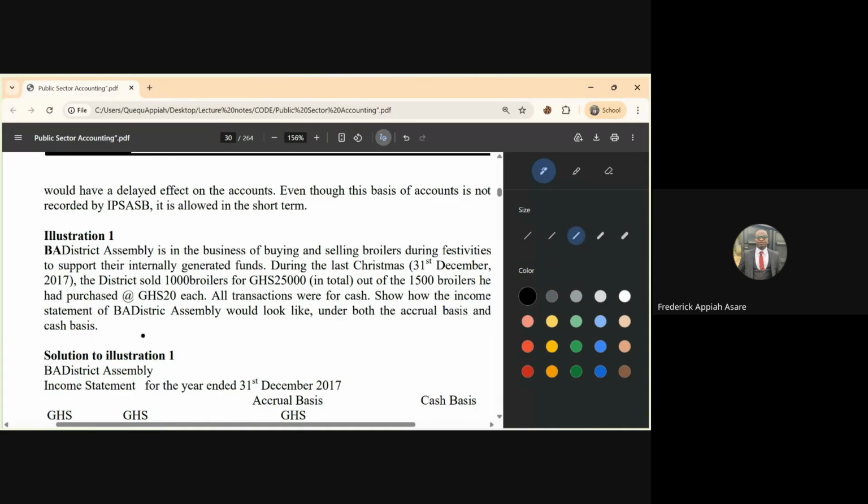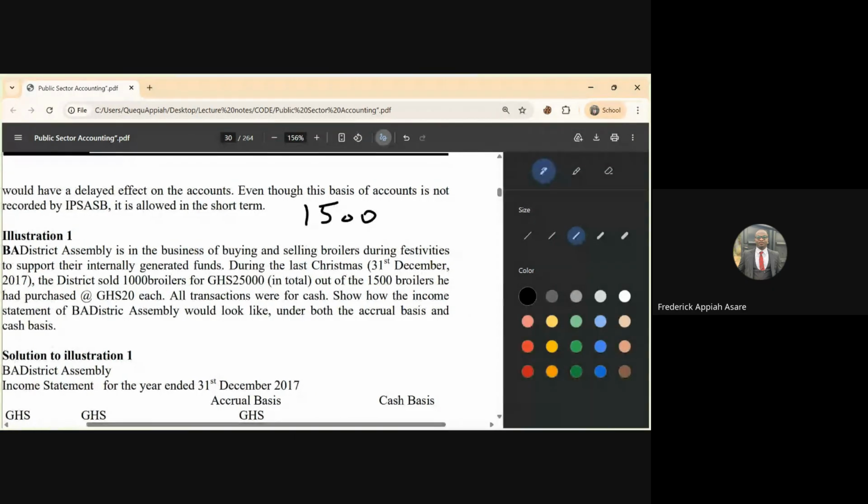The company purchased 1,500 beds at 20 cedis. Please, are you following? Yes, please. So they purchased 1,500 at 20 cedis.